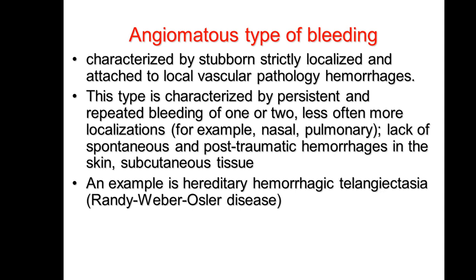Next is angiomatous type of bleeding, characterized by stubborn, strictly localized hemorrhages attached to local vascular pathology. This type is characterized by persistent and repeated bleeding of one or two, less often more localizations, for example, nasal or pulmonary, lack of spontaneous and post-traumatic hemorrhages in the skin and subcutaneous tissue.